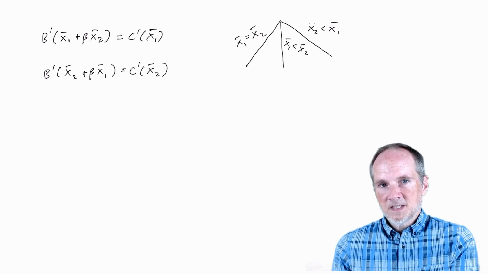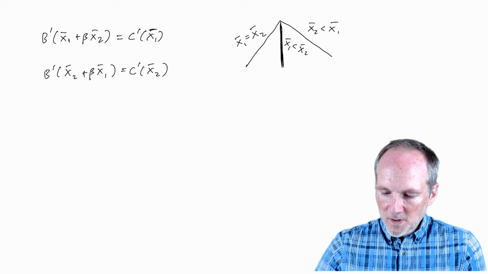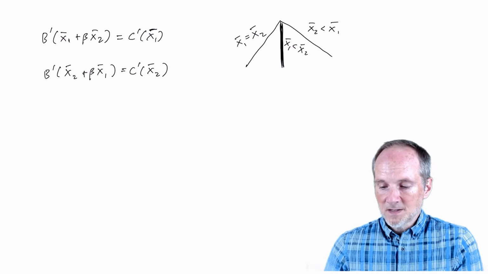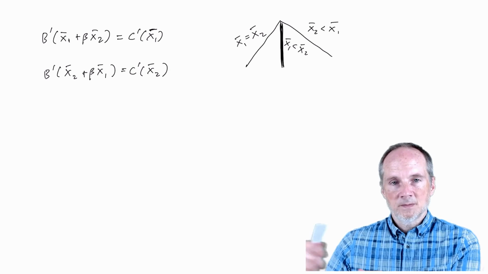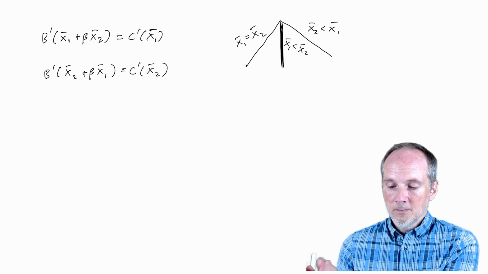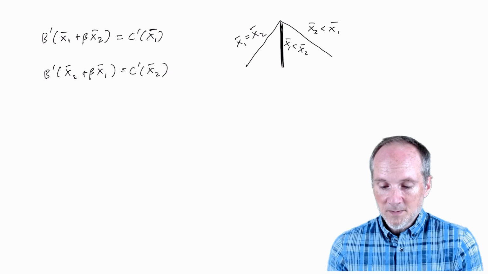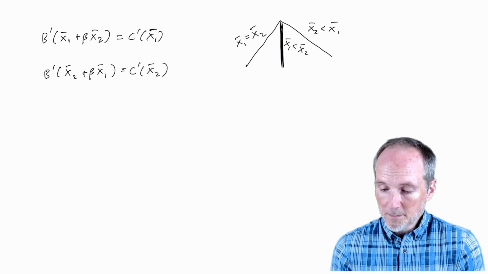Because of the symmetry of the situation, I'm just going to argue that person 1's activity level cannot be less than person 2's. A symmetric argument applies that person 2's can't be less than person 1's, which leaves the situation that I'm claiming. And then I'll wrap this up.